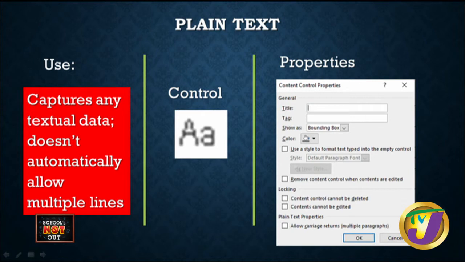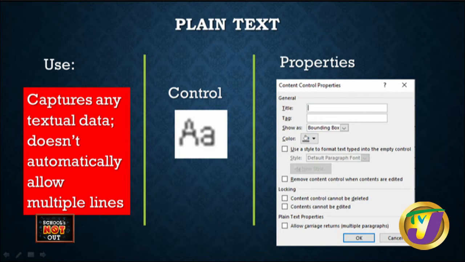Then we have "control cannot be deleted." Let me just spend some time here. Whenever you create a fillable form, the purpose of the form is for other people to give you data. You don't want the persons who will be giving you data to be deleting the information or deleting the actual control.